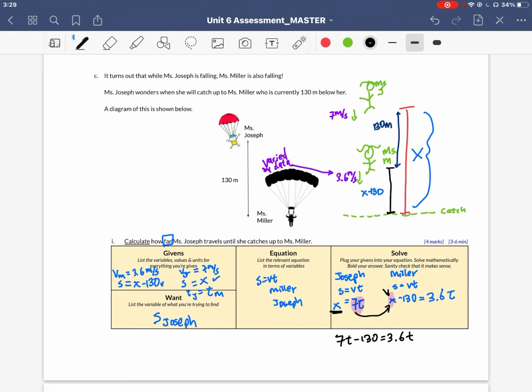So I just have an algebra problem. I'm going to do 130 equals 3.6t, and I'm going to subtract 7t from both sides. 3.6 minus 7 gives me negative 3.4t.